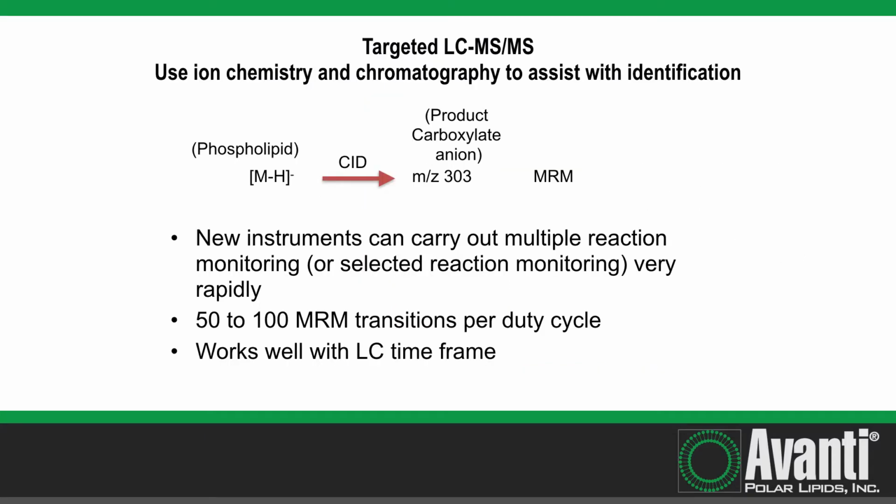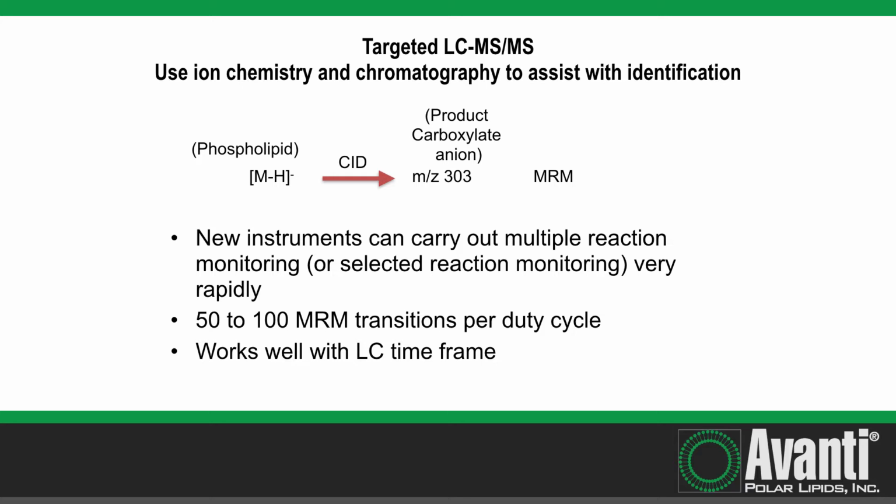This same sort of thing is used in phospholipid analysis, where in this case one might take a phospholipid as the negative ion, collisionally activated, and as I've already shown you in the ion chemistry, you form the carboxylate anion, and for arachidonic acid, that's mass 303. And so this is what you're going to be looking at, the products of 303. So you use ion chemistry to identify the molecule, and then the retention times.